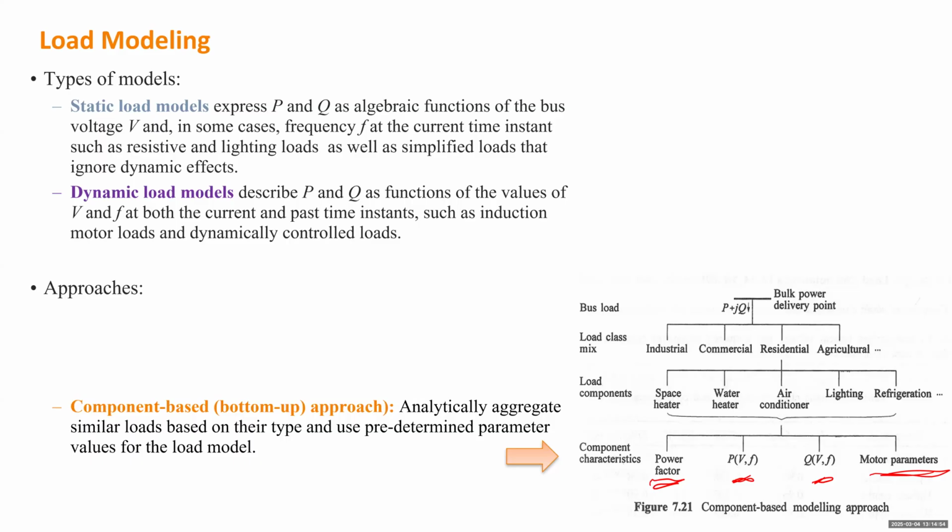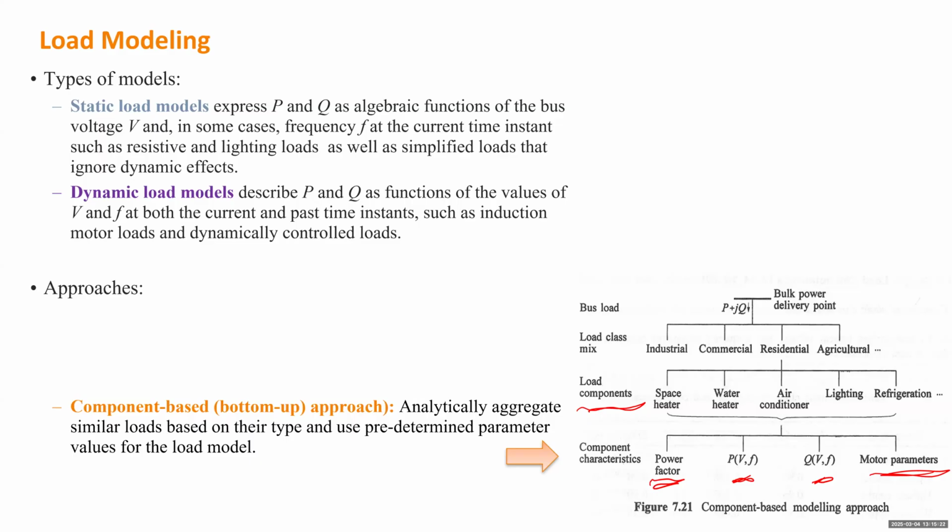In the next level, we focus on some load components, such as a space heater. For a space heater, we can utilize the building blocks we already created at the bottom level, like the basic power factor and P function, Q function. And if it has a motor, we also need to consider that one. But definitely a space heater doesn't need a motor as a component.